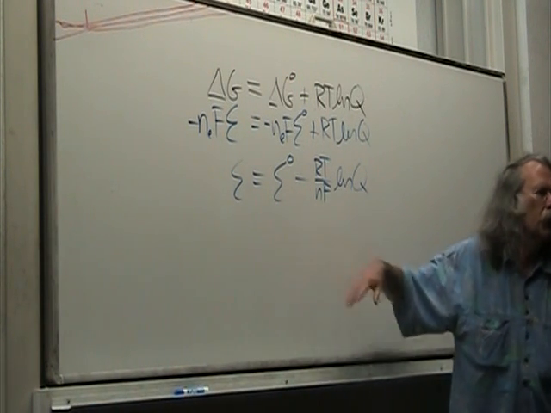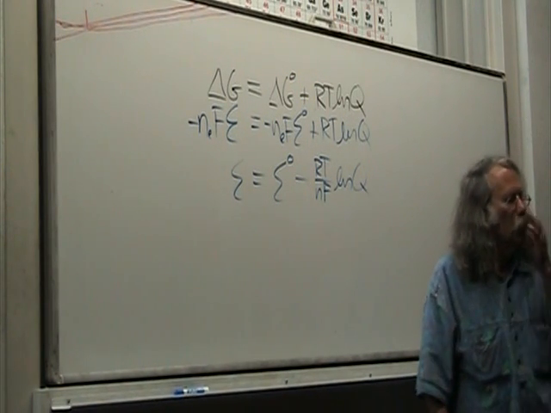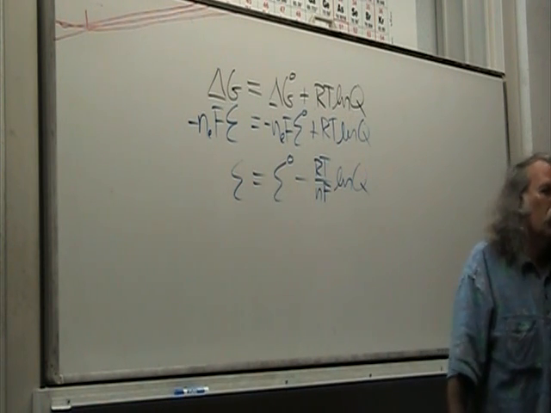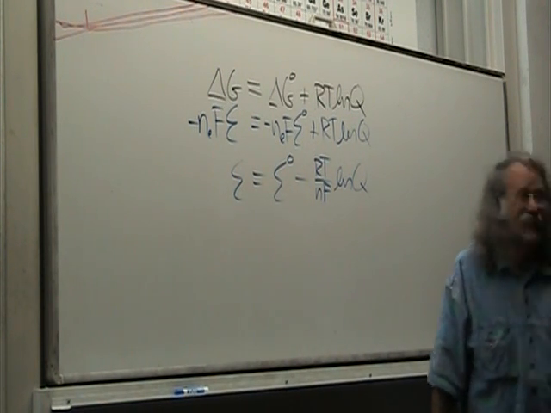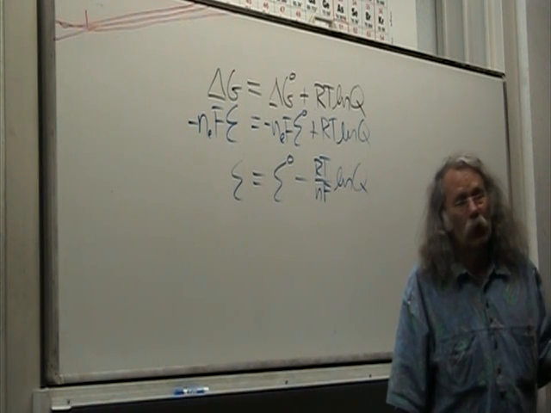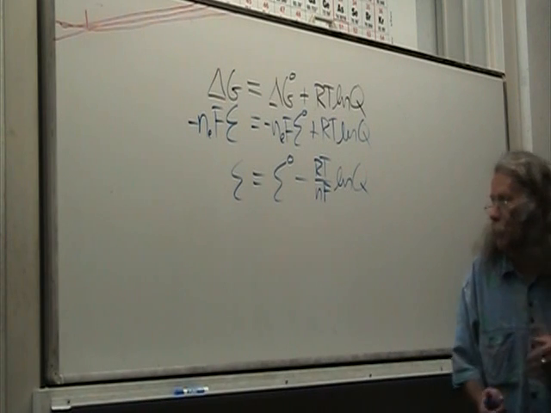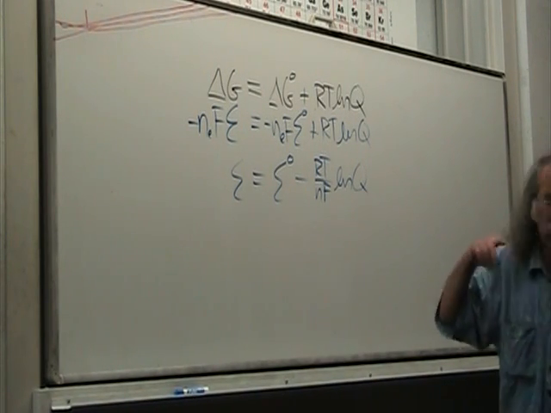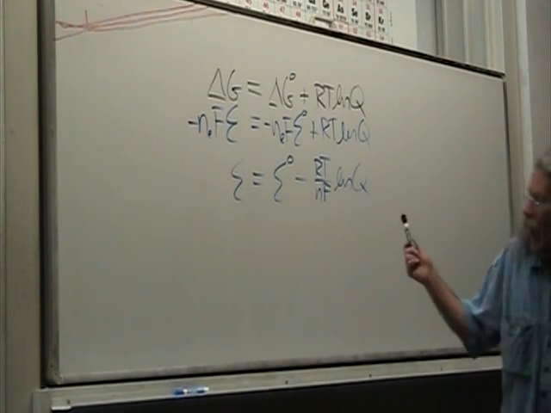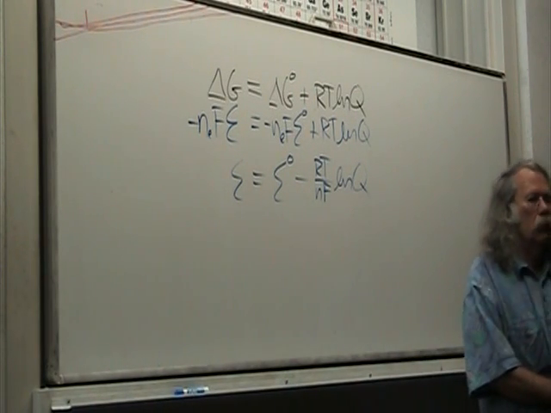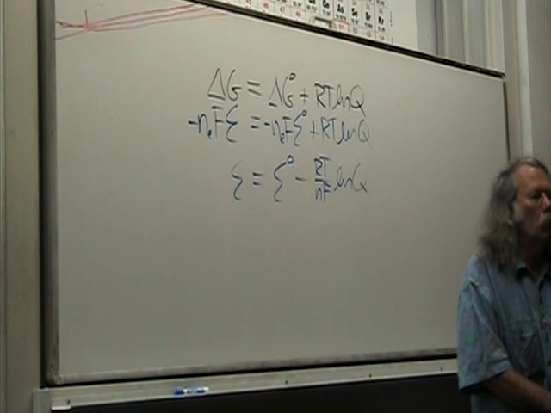Since we're going to be working with the function in terms of the pH, which is the negative log base 10 of the hydrogen ion concentration, this form is not as convenient. How would I convert natural log to log base 10? There's a simple multiplicative factor.